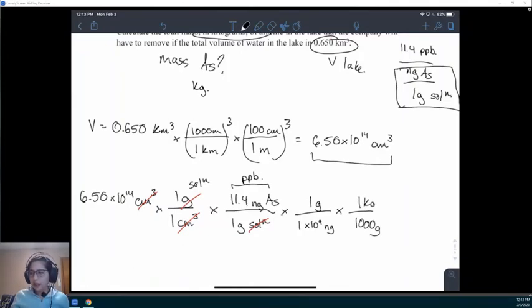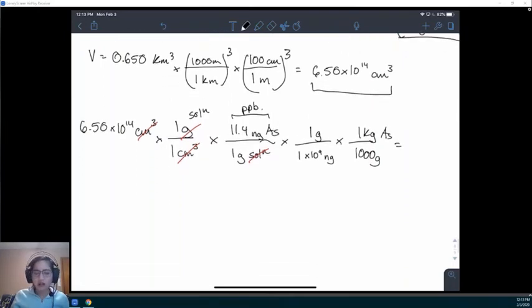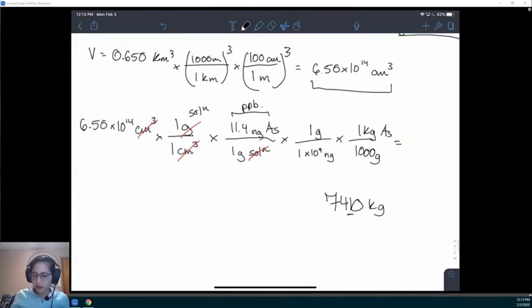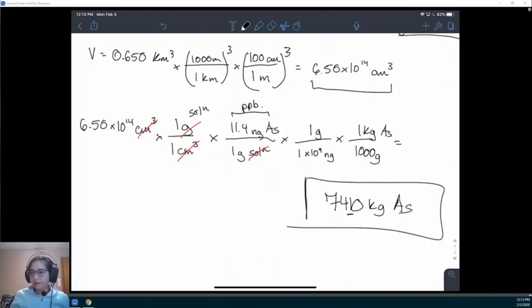So plug that into your calculator, and then you get 7,410 kilograms of arsenic. I think it's 3 sig figs. Yeah, it's 3 sig figs. So there's our answer.